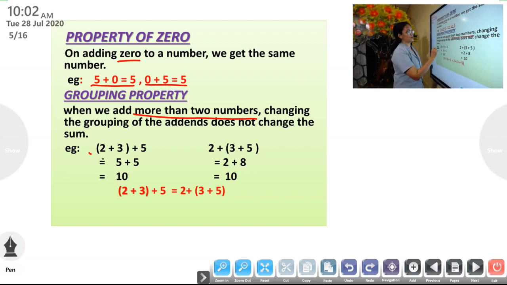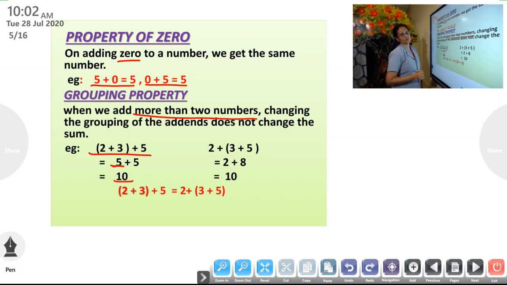One example I have given here. See, 2 plus 3 plus 5. Here I have written 2 plus 3 inside bracket to show that we are going to add 2 plus 3 first. What is 2 plus 3? 2 plus 3 is 5. Then 5 plus 5 is 10.